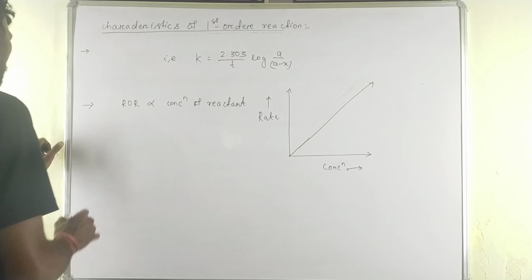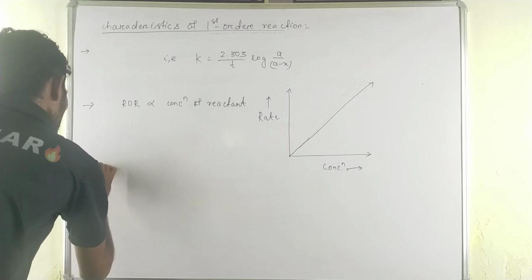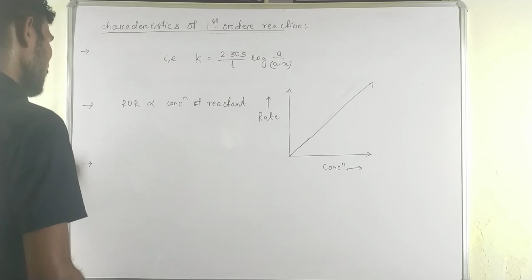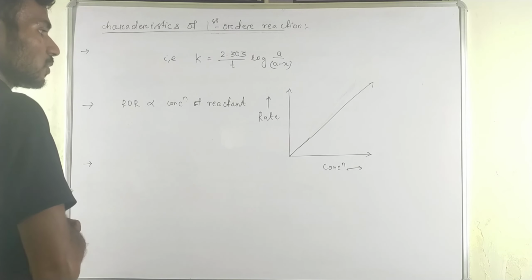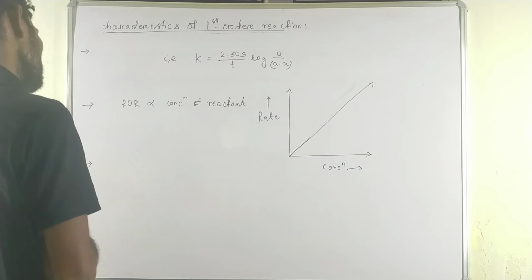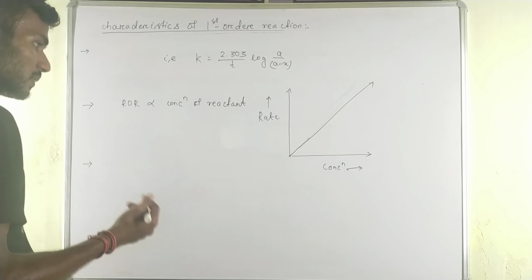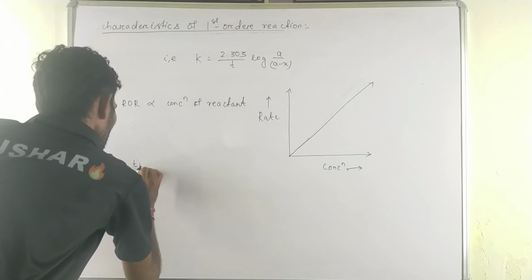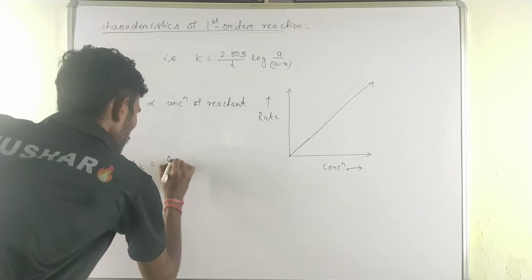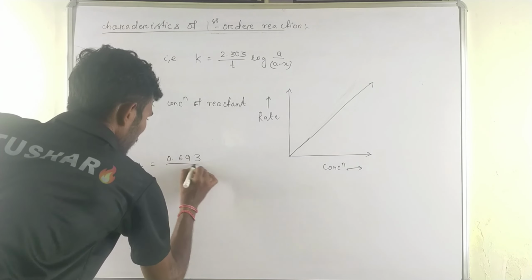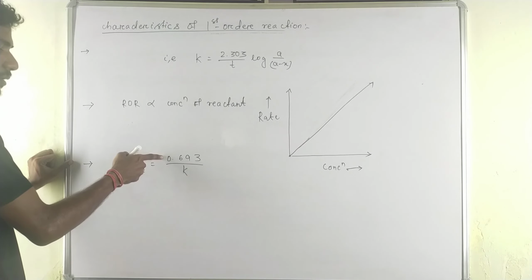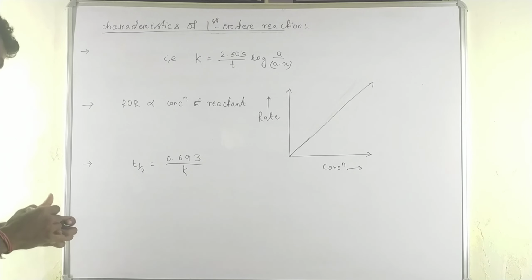Third point is half life period. Half life period is independent upon the initial concentration of the reactant, that is t half equal to 0.693 by k. From this equation it is clear that t half is independent of concentration of the reactant.